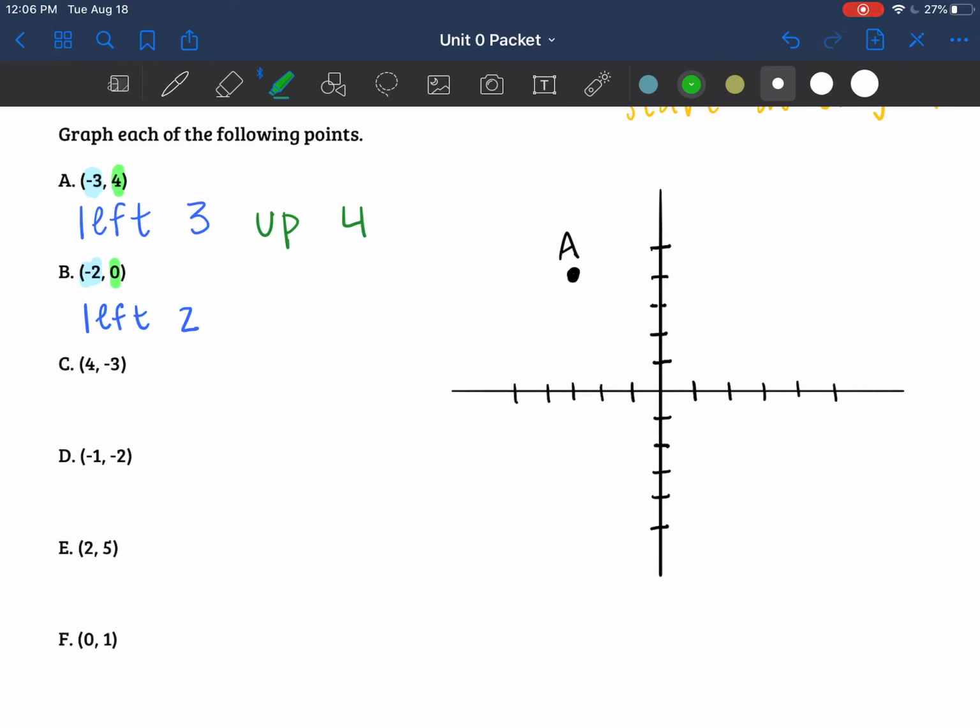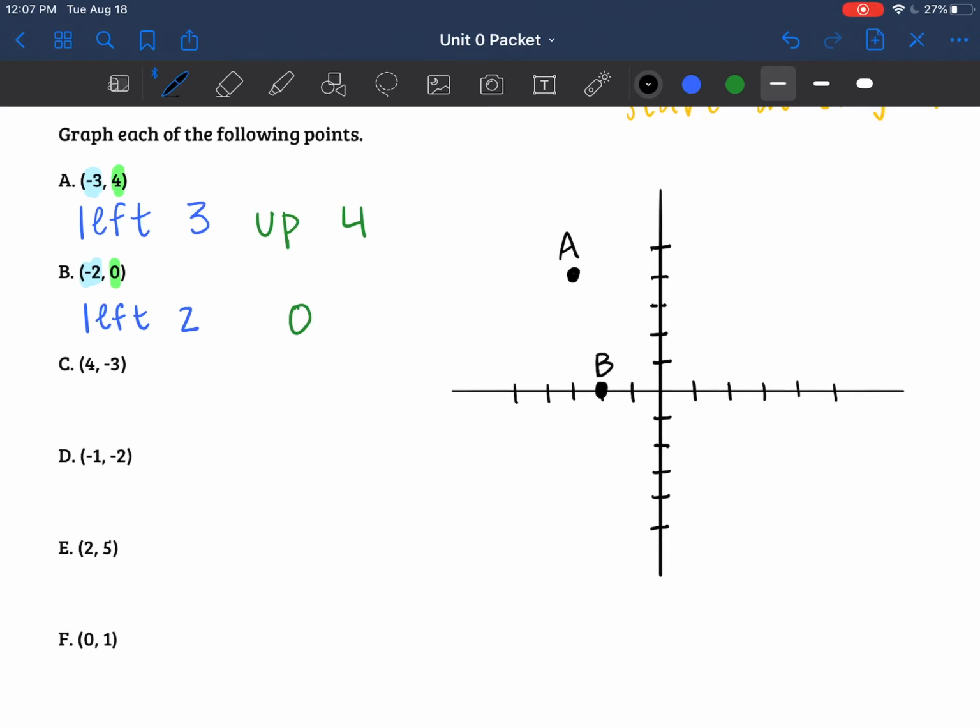So that tells me don't go up or down. Don't do anything. I'm just going to write 0. We're not moving up or down. So again, even with this new point, we're starting back at the origin. We're going to the left 2, and then I don't move up or down because there was a 0 there. So that point is right here. That's going to be point B.